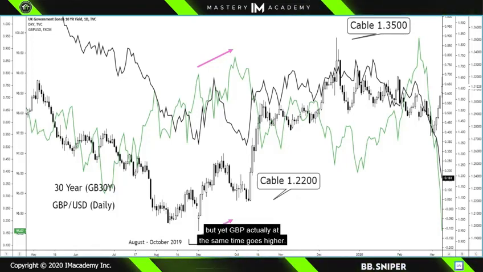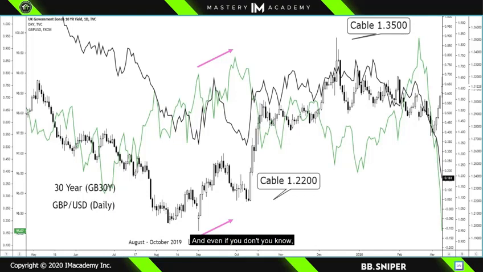But yet GBP at the same time goes higher. So if GBP refused to go lower and went higher instead, that is a sign of bullishness on the side of GBP USD. And that basically just adds more confirmation to the trade, or to the idea.